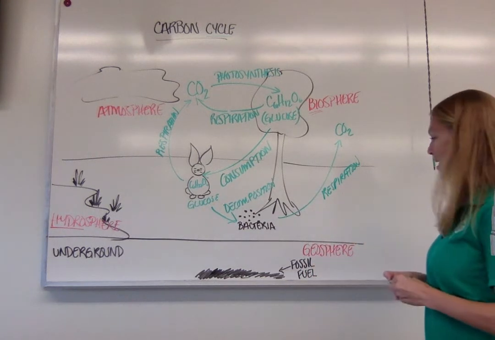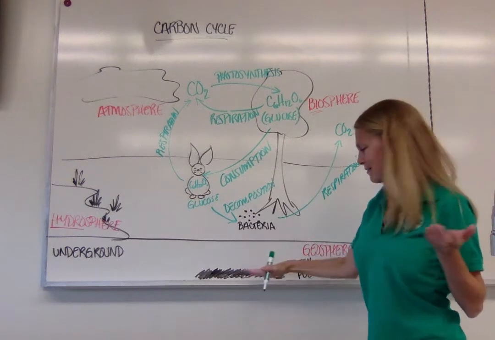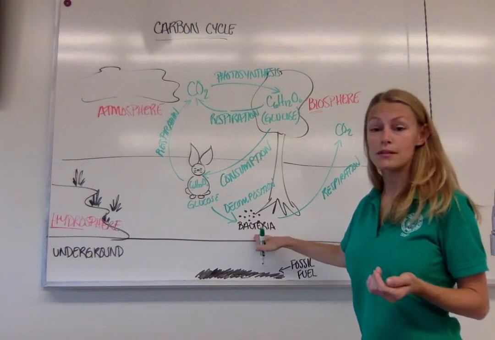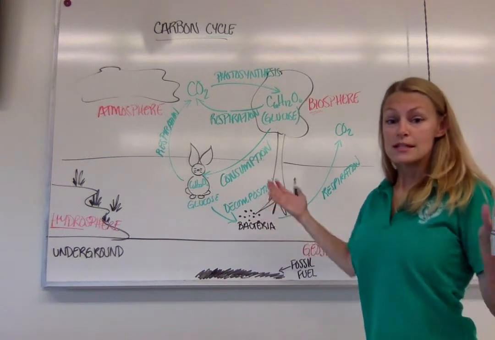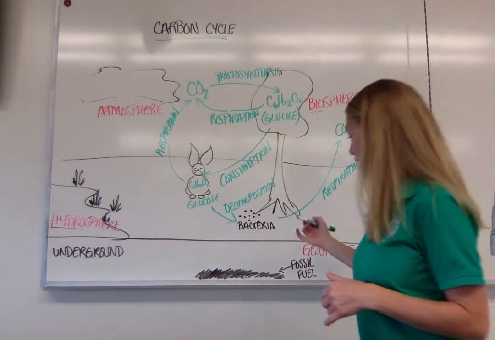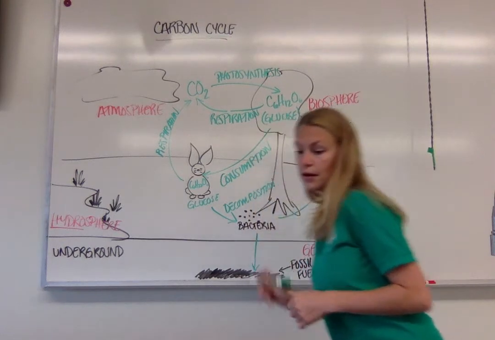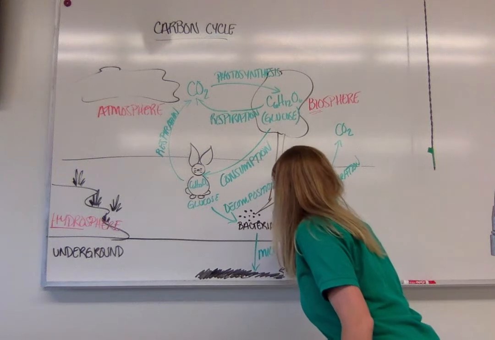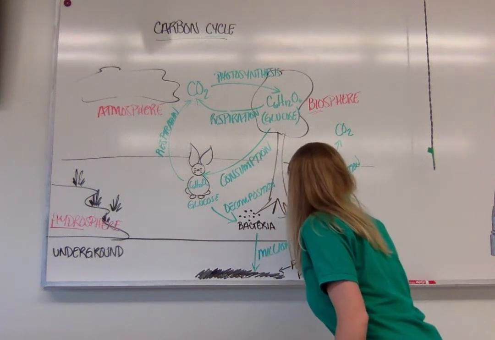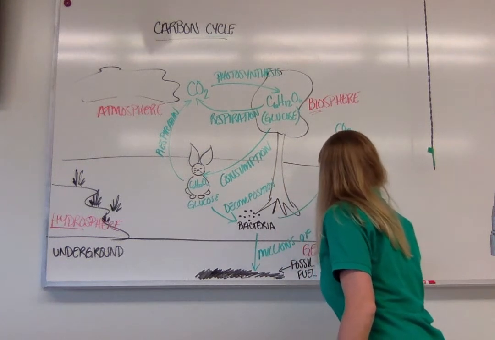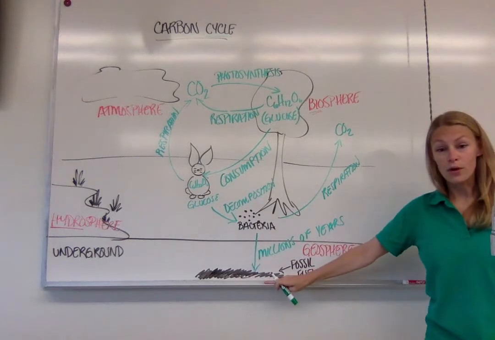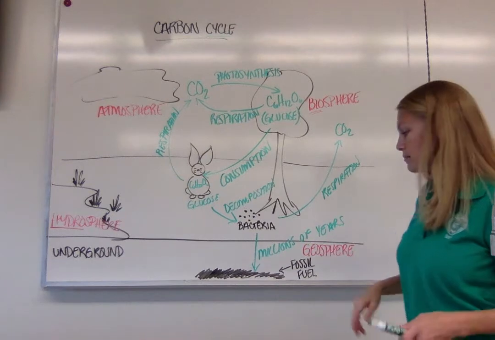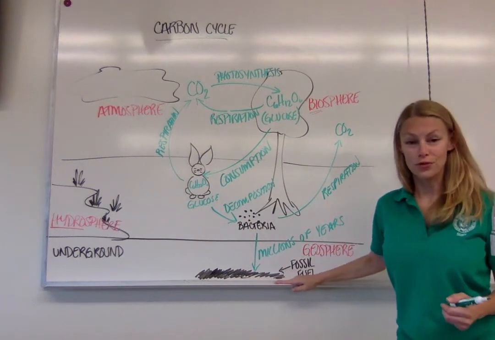Now, we have this stuff down here underground. Not everything is completely decomposed and broken down. Some things, the conditions are just right. And over millions and millions of years, this is not overnight, some organisms, typically trees and plants, become fossil fuels.